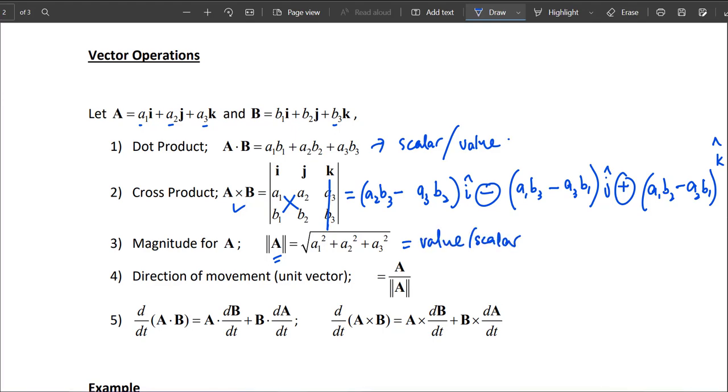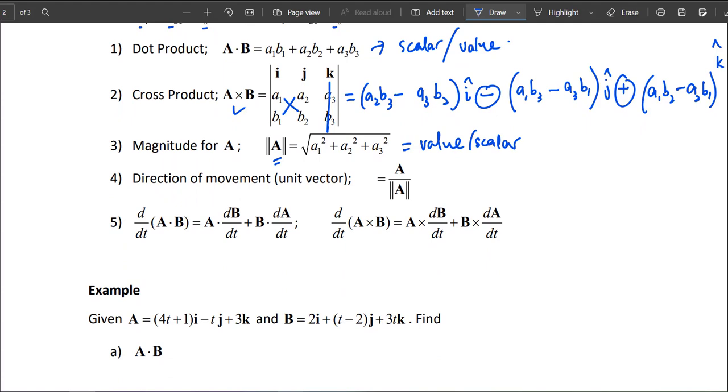The fifth operation is differentiating A dot B and differentiating A cross B. This still uses the product rule. For example, differentiating UV from our previous work gives UV prime plus VU prime. The same formula, but now we are doing dot or cross. For dot, A dot B prime plus B dot A prime.